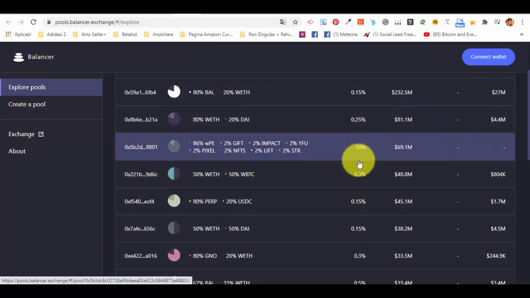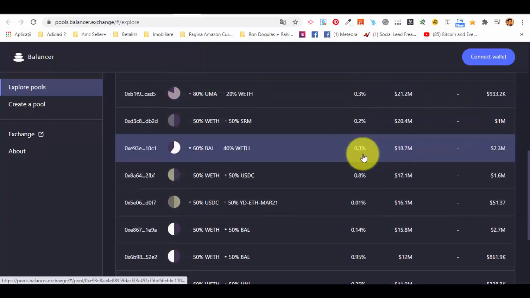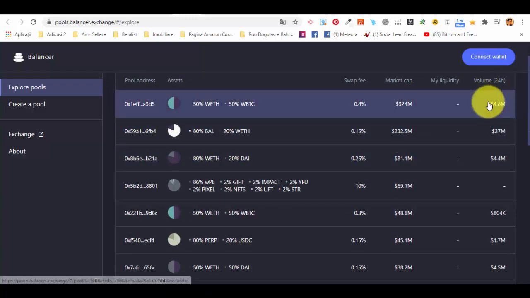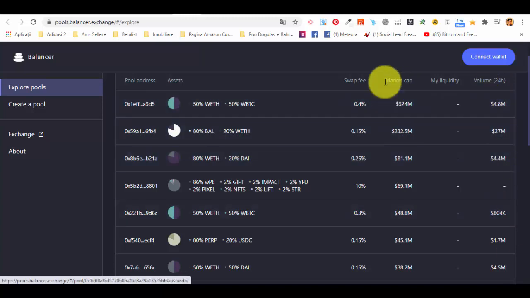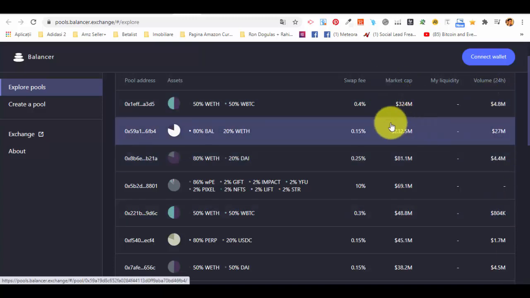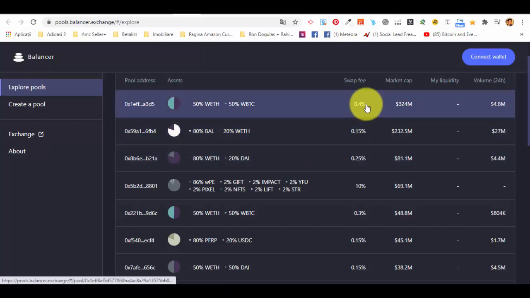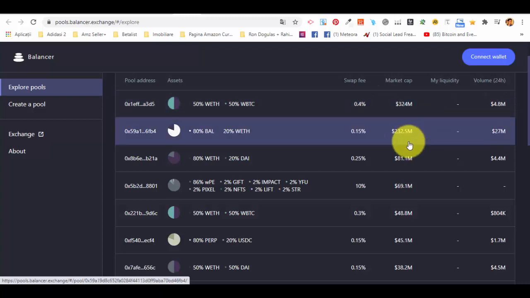And you can check out the fees, the market cap for each pool, and the volume. Obviously you will want to choose, based on what we think, on the volume, the swap fee, the percentage you can earn, and the market cap.